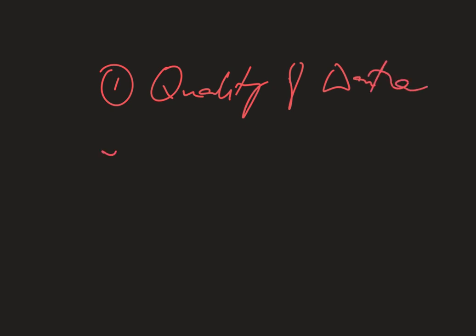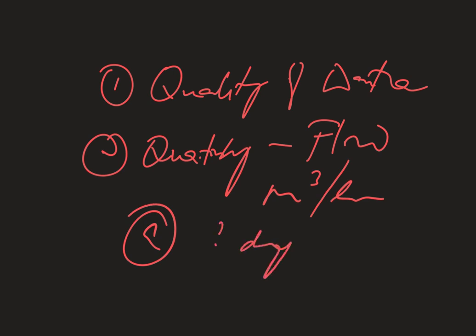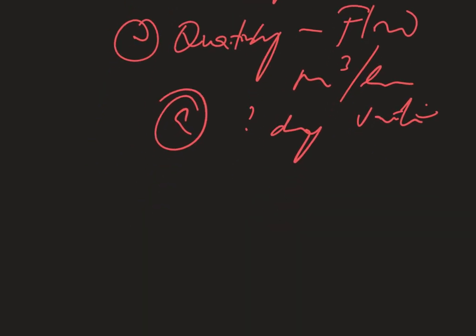So, how do you design a wastewater treatment plant? First, you need to know the quality of the wastewater and the quantity, like the flow rate, what is the cubic meter per hour delivered, how many hours in a day, or what the variation is. It can be 1 cubic meter per hour today, 2 cubic meters per hour later, and so on.